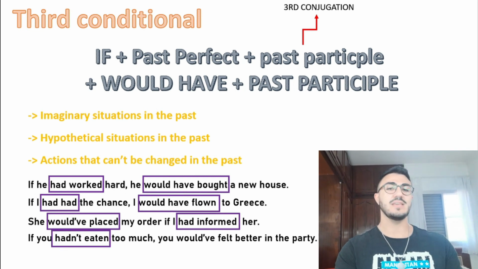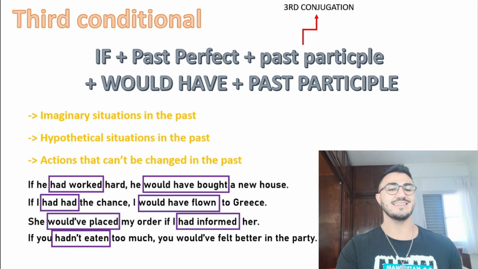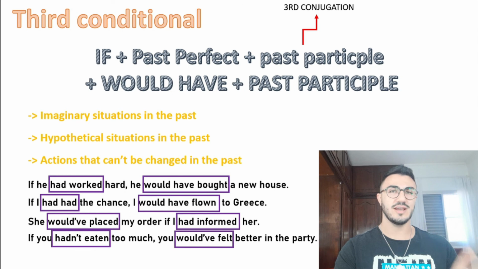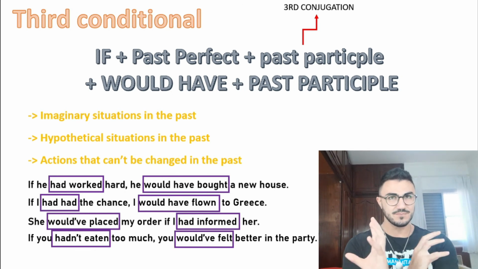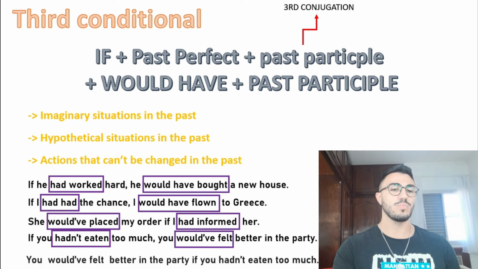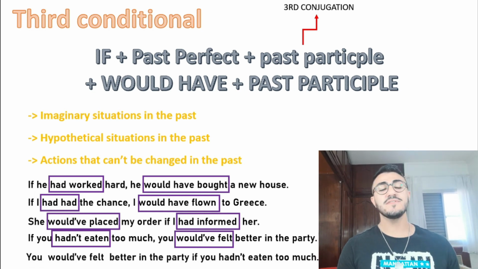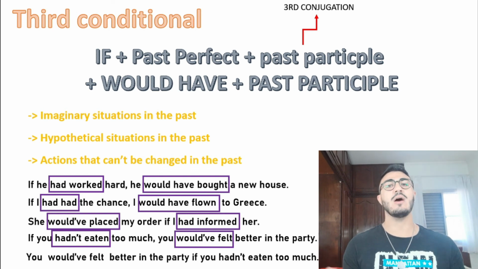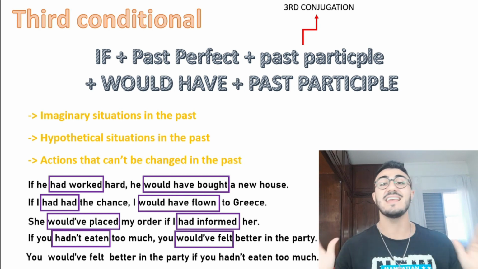Okay, so here I have past perfect, hadn't eaten in the negative, and then would have felt, would have plus past participle. Remember that I can invert, so let's invert this one. You would have felt better at the party if you hadn't eaten too much. So this is how I invert, and the meaning is the same.